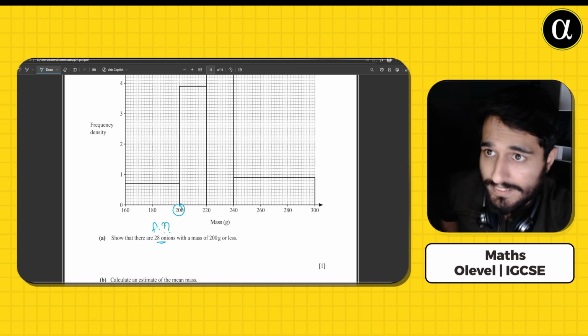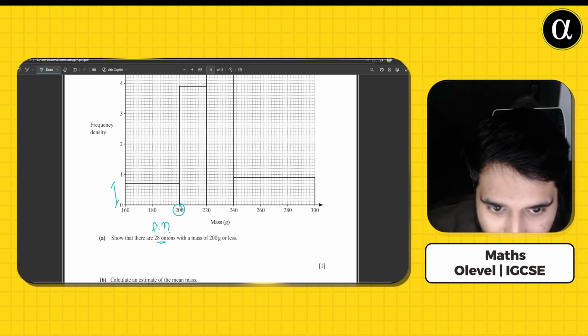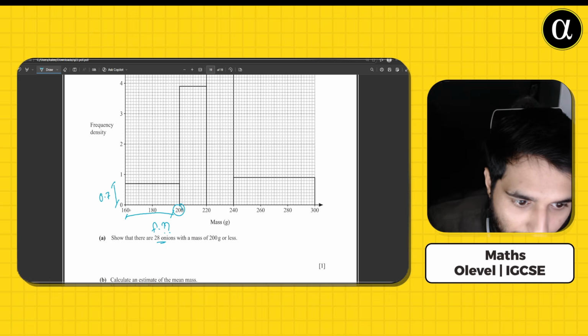So what we'll do is check what the frequency density is, and this frequency density turns out to be 0.7, and we will check what the class width is, and this class width from 160 to 200 is going to be 40. So what are we going to say?